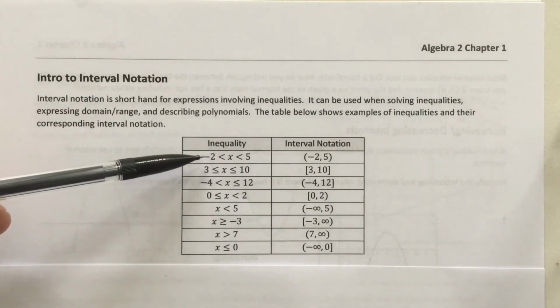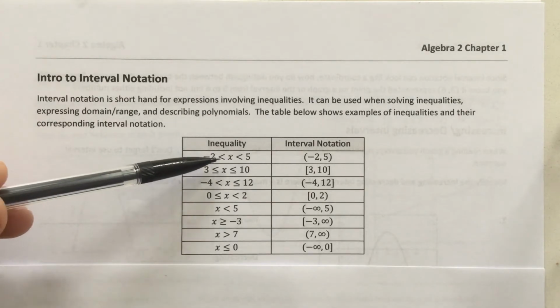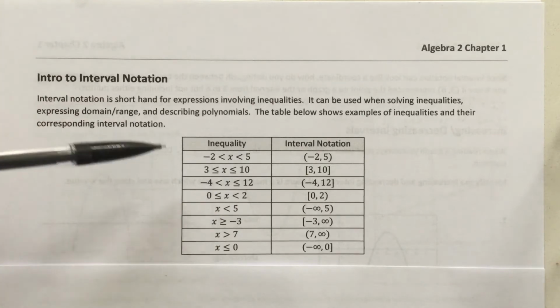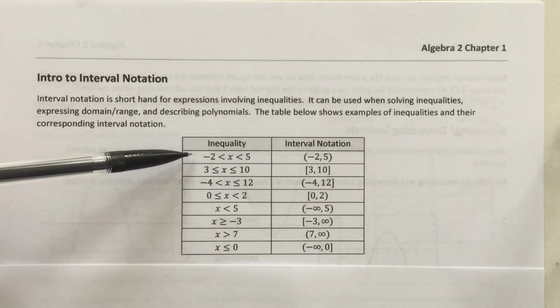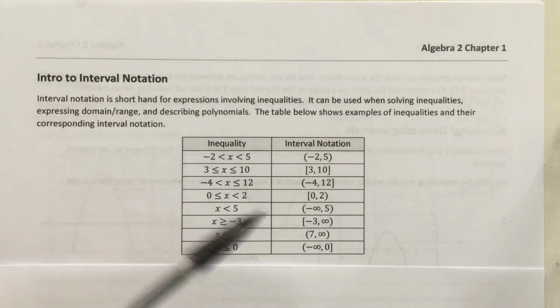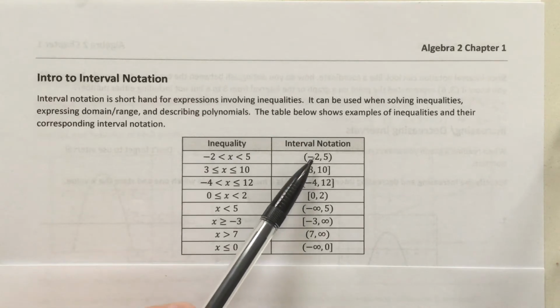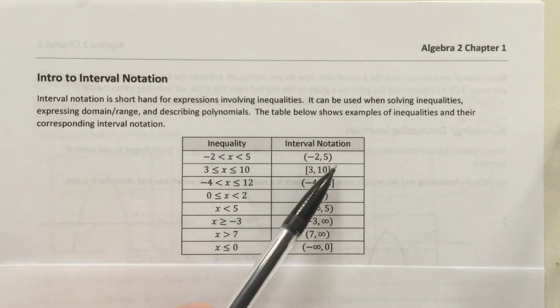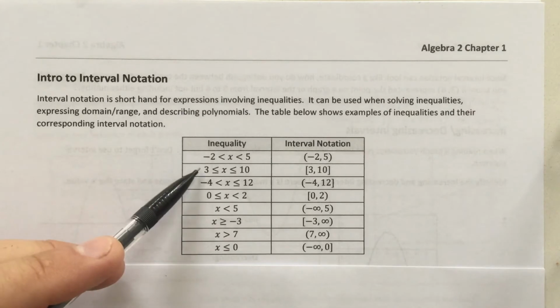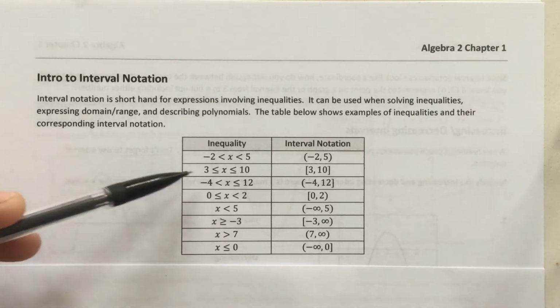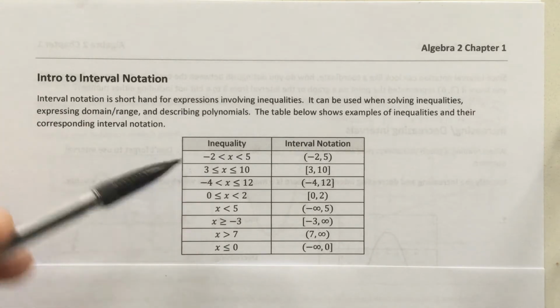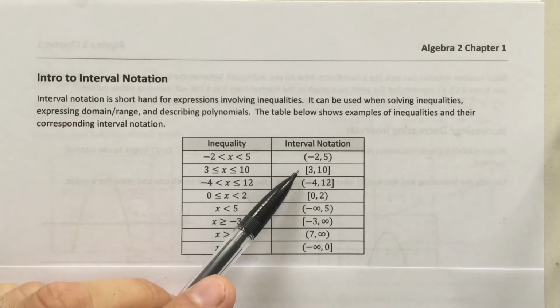If you notice, when it went from -2 is less than x, which is less than 5, something like a domain or range we've just been looking at, the interval notation looks like parenthesis -2, 5 parenthesis. Where if we're saying 3 is less than or equal to x is less than or equal to 10, we now would write that as bracket 3, 10 bracket.